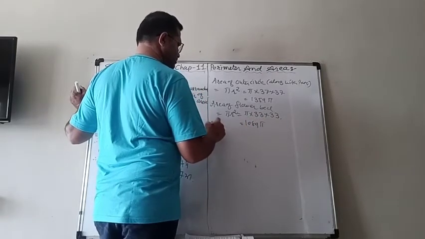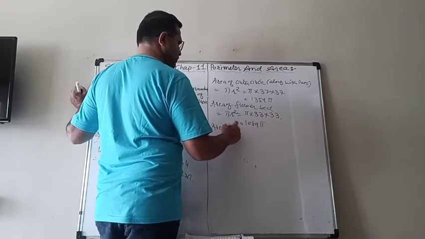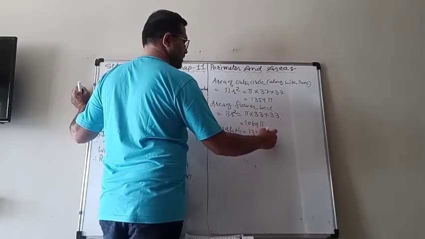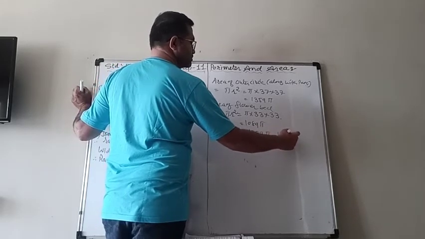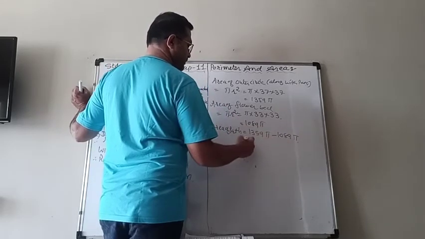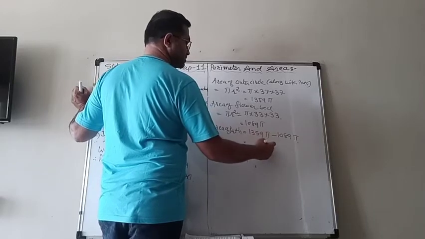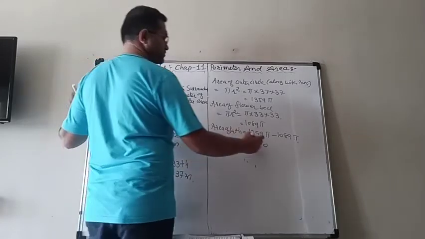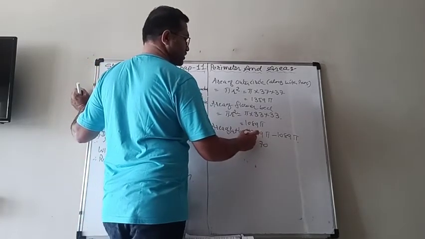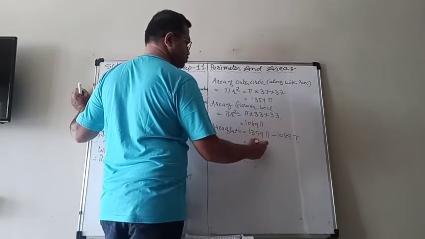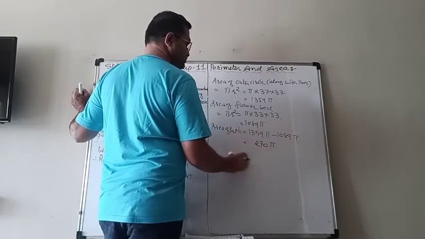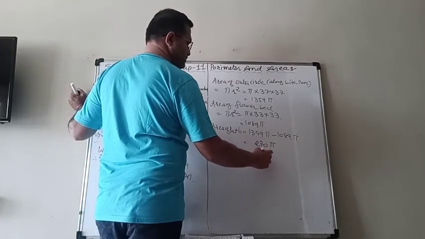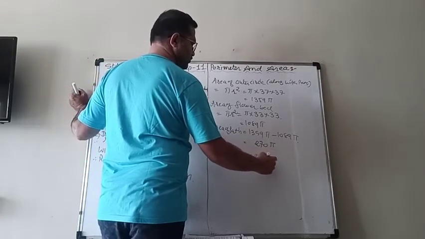Therefore, area of path is equal to 1369 pi minus 1089 pi. So 9 minus 9, 0, 6 minus 8, borrow, 7. Here you have 2 minus 0, 2. So 280 pi. So now we have to put the value of pi. So 280 into 314 upon 100.